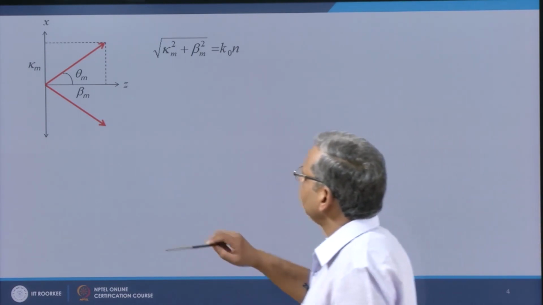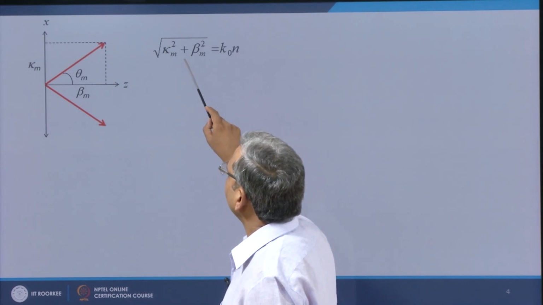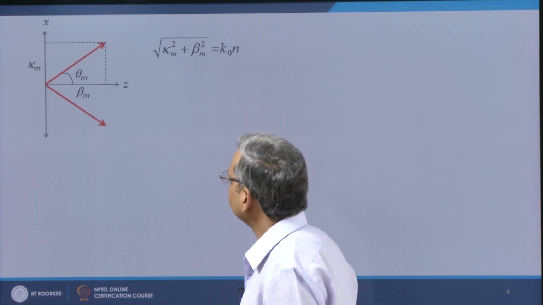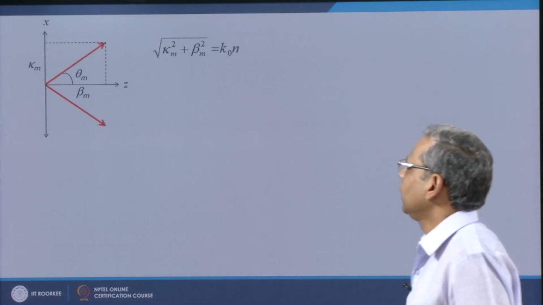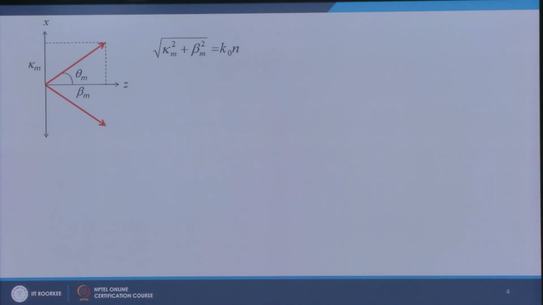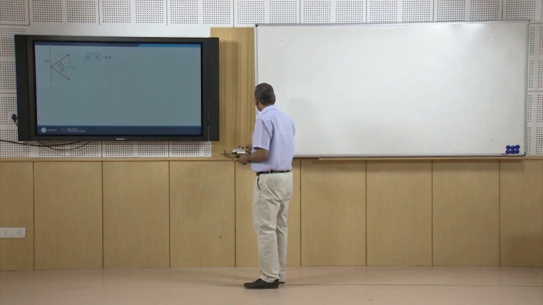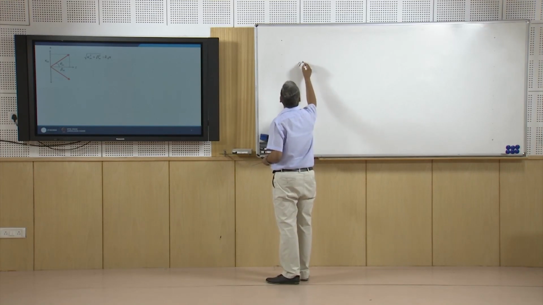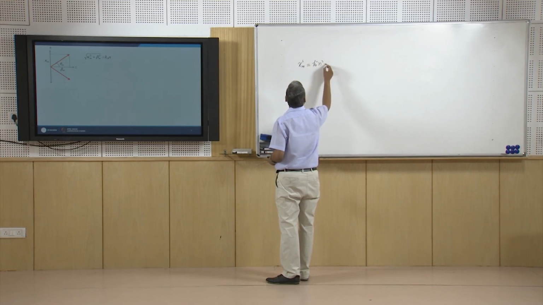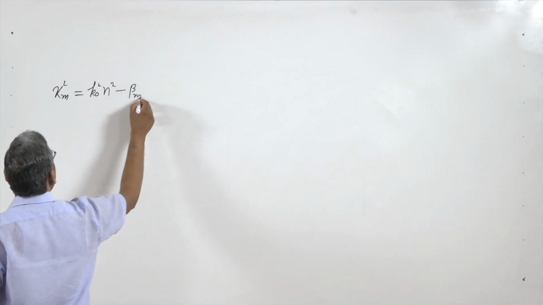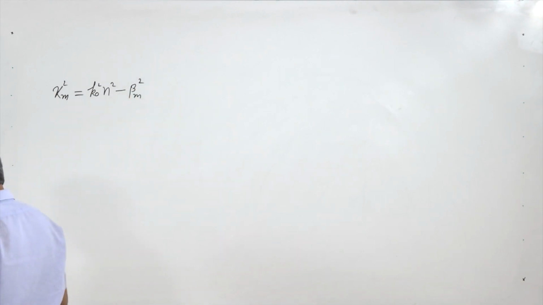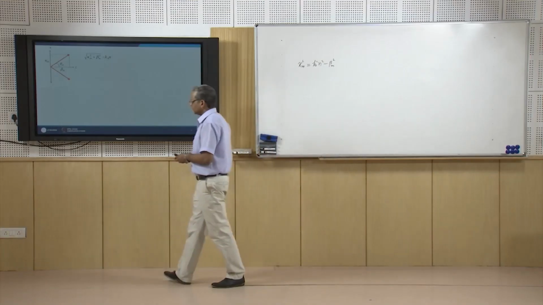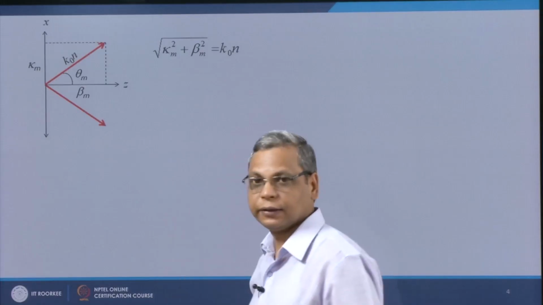If I now do kappa m square plus beta m square, square root, it comes out to be k naught n, because you remember that kappa m square is equal to k naught square n square minus beta m square, which means that this is indeed k naught n.